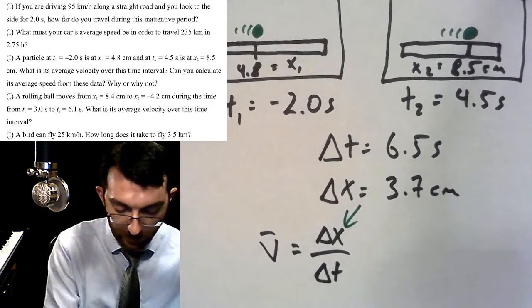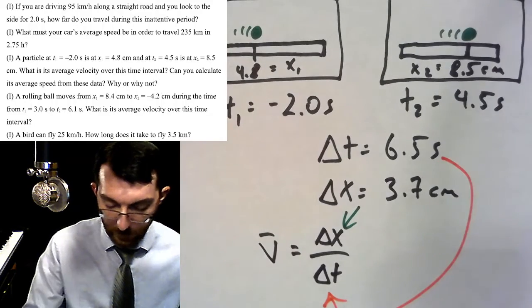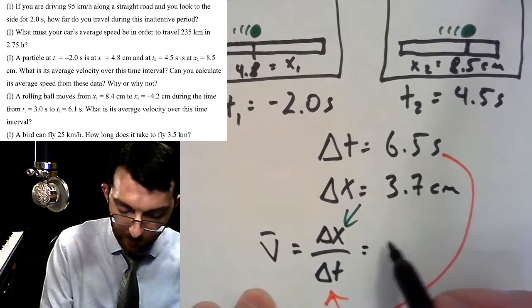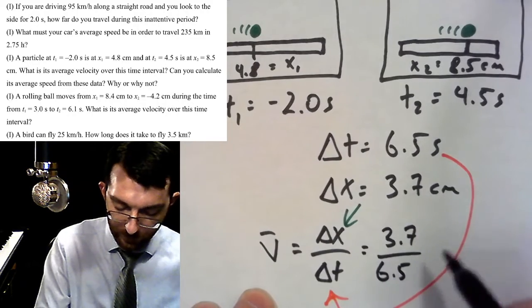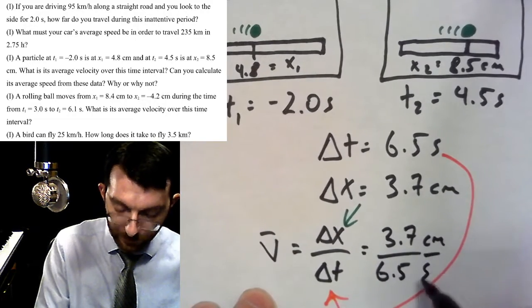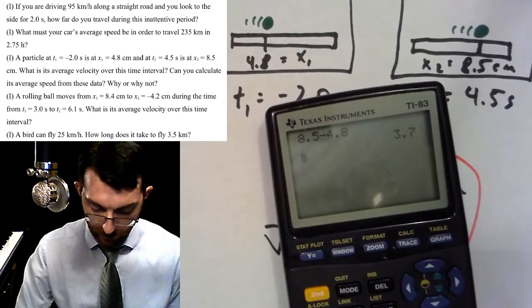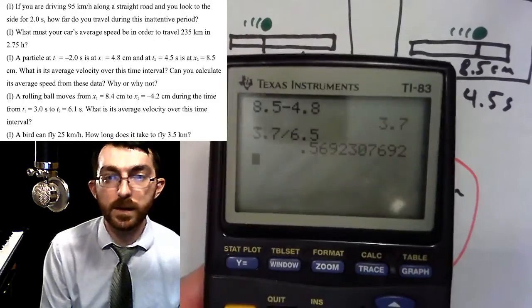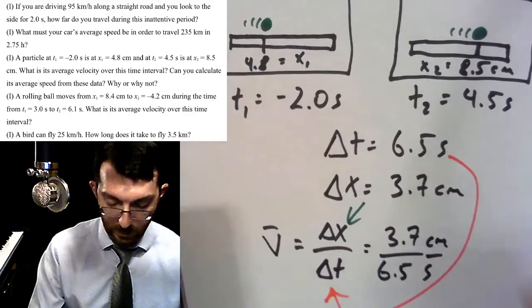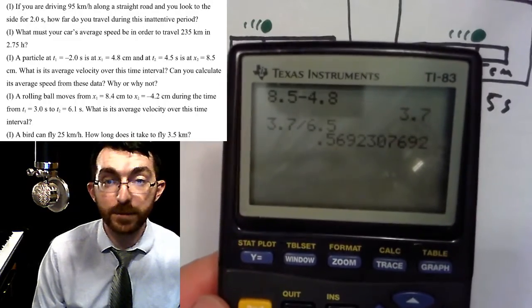X right there, t right there, and so it's going to be 3.7 over 6.5 centimeters per second. 3.7 over 6.5 gives us that number, two significant digits gives us 0.57.